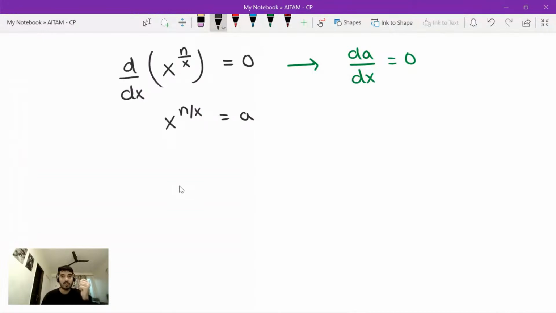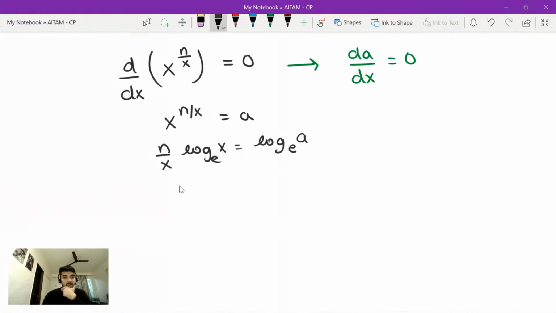First I will take a log with the base e on both sides. So this simply becomes n by x, and log of x base e, and this is log of a base e. So this can also be written in this way. Now here I have to take the derivative.